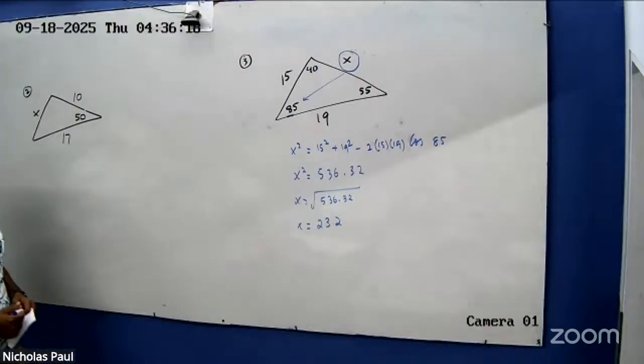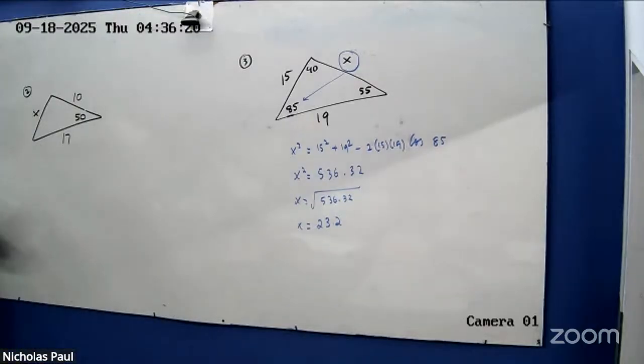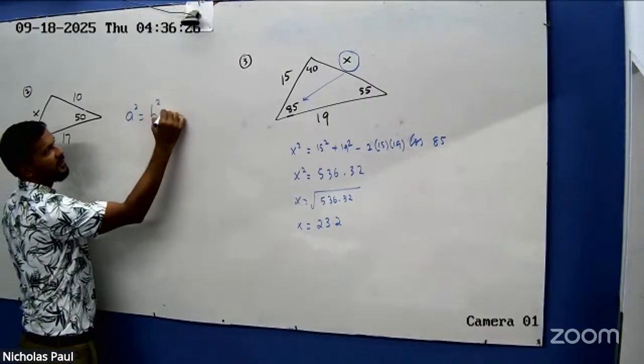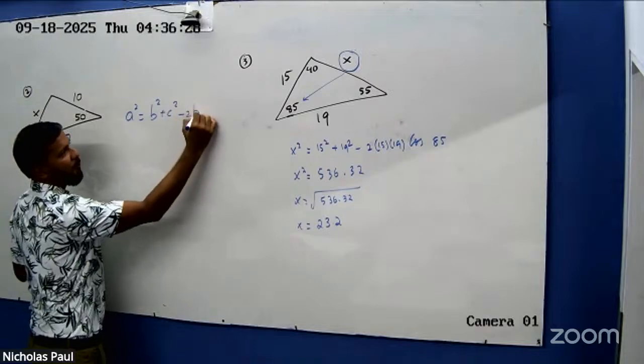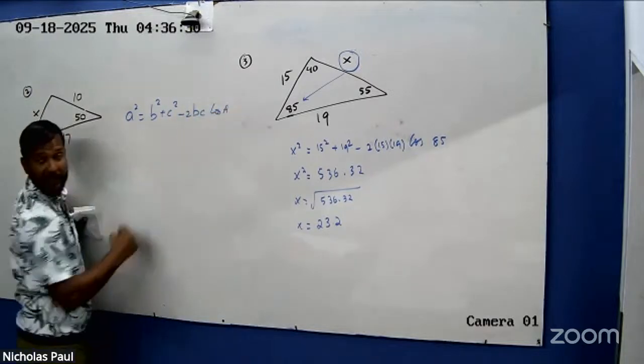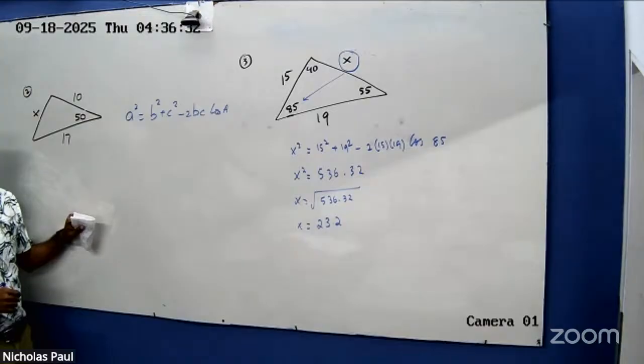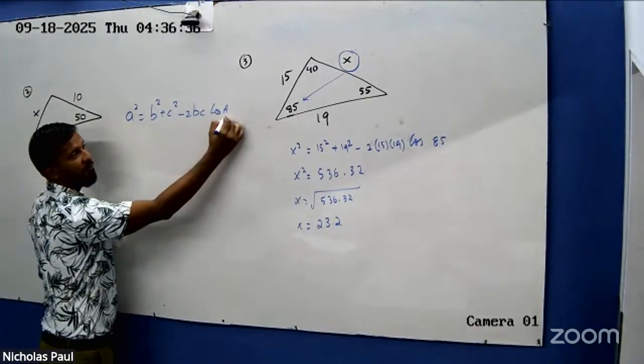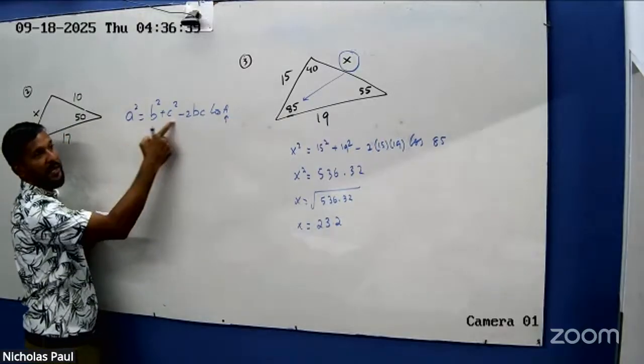If you look at the formula, a squared is equal to b squared plus c squared minus 2bc cosine A, everybody okay with that? It means I could find the angle if I have a, b, and c.